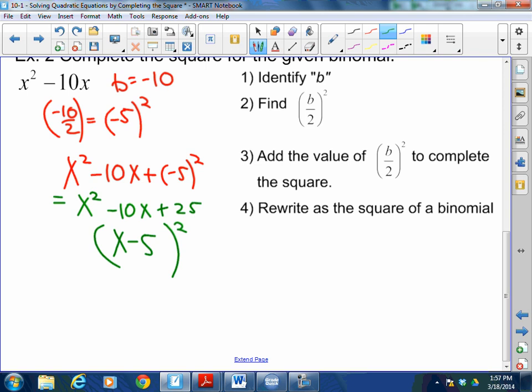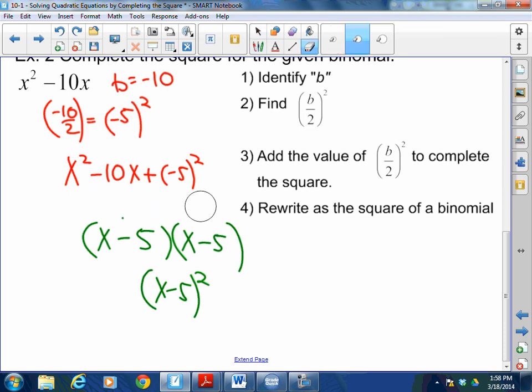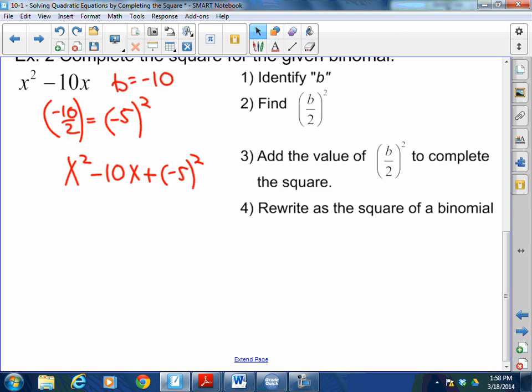Now, a lot of people don't see that. So first of all, they're going to go like this. Okay, what times what is 25? We've got to get negative 10. Oh, okay, negative 5. Then they're going to go x minus 5, and then they'll square it. You can do that. I don't suggest it. I suggest doing it the easy way.